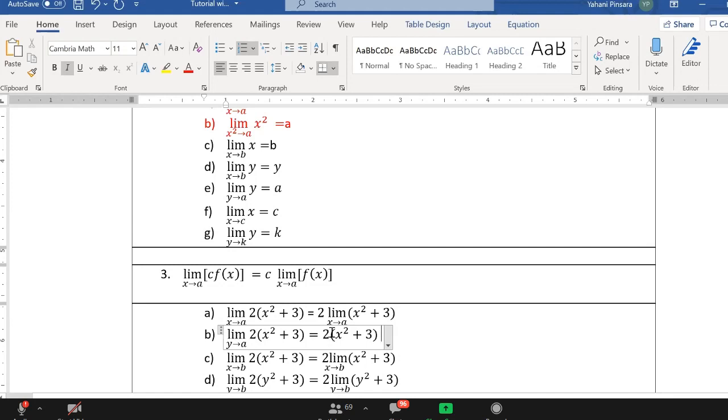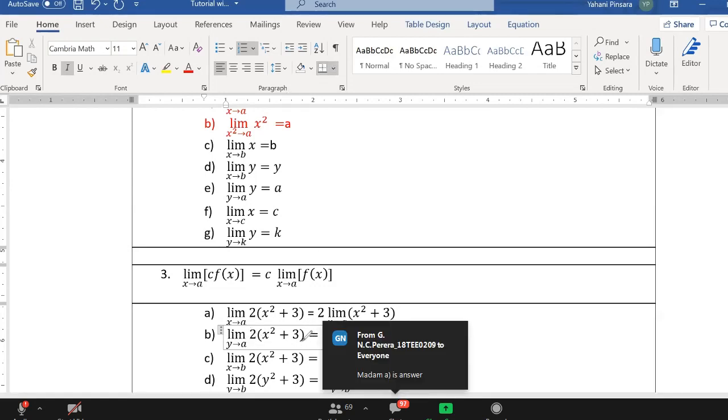The reason is, here can you find y in this function? No, right? y is not in this function. So in that case you can imply that this is not a function of y, so this is a constant. So limit of a constant is equal to the constant.